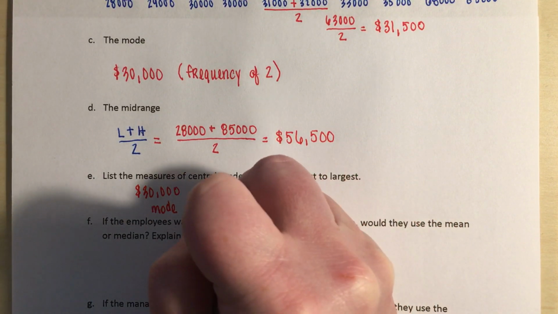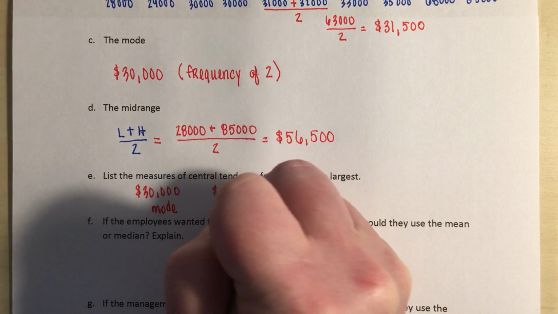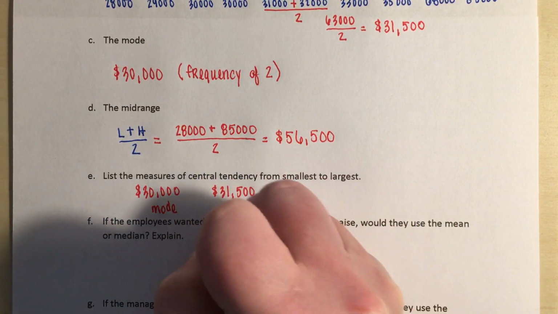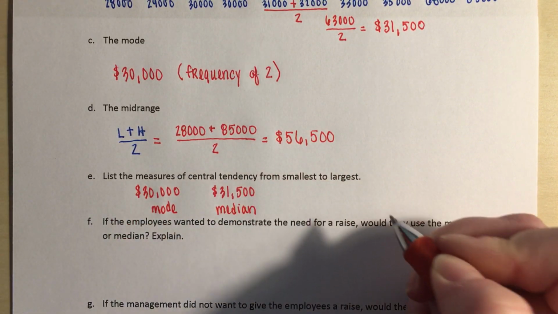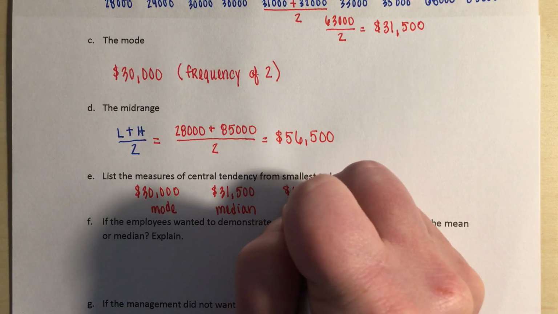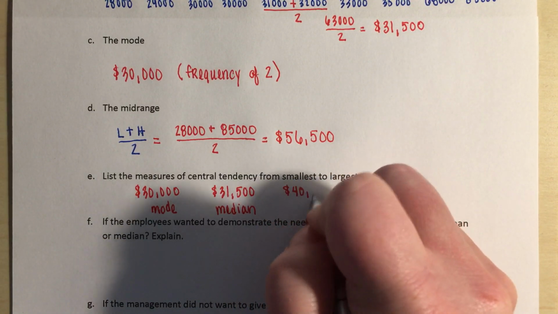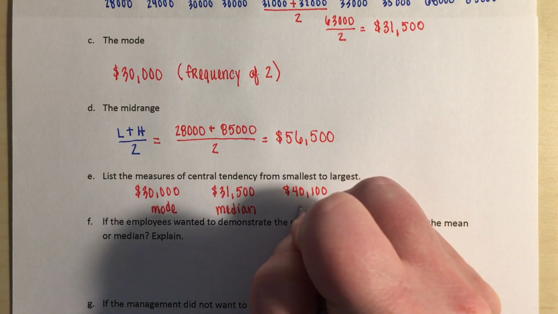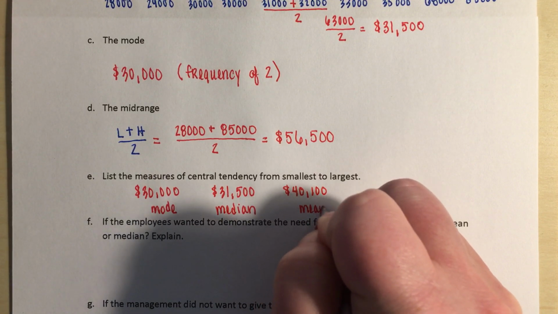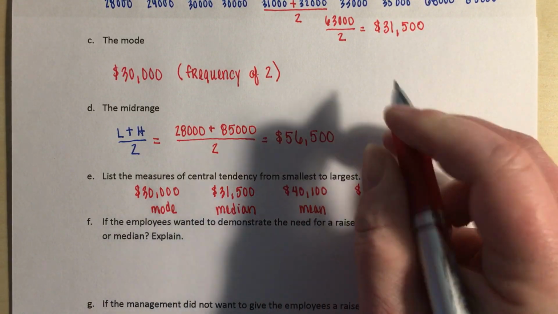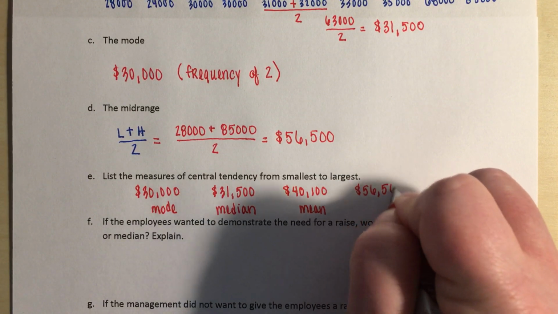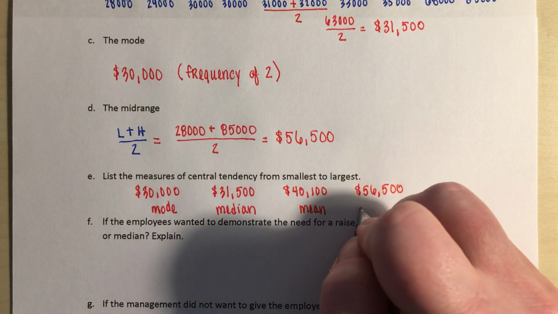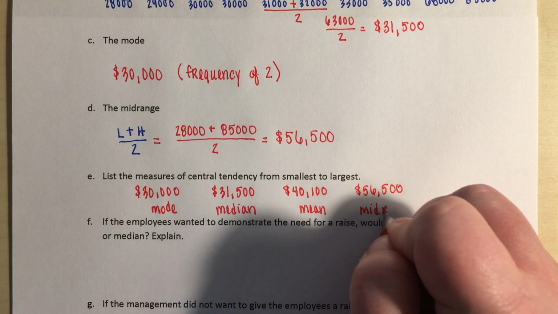And then we have 31,500 from our median. Then we have 40,100 from our mean. And finally, the largest of these averages, 56,500 for our mid-range.